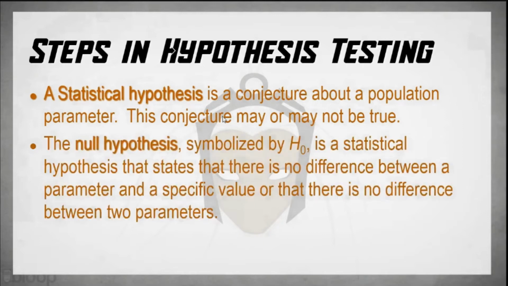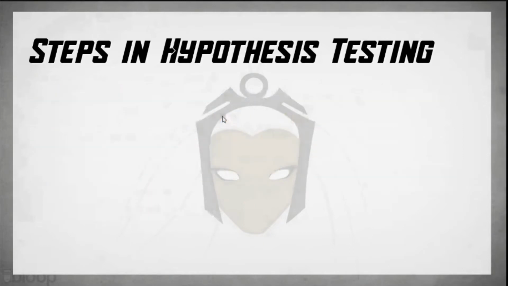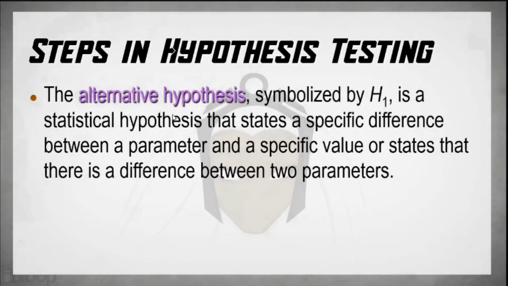Right? Next. We also have the alternative hypothesis. Now, this one is symbolized by H1 or HA. It is a statistical hypothesis that states a specific difference between a parameter and a specific value, or states that there is a difference between 2 parameters.